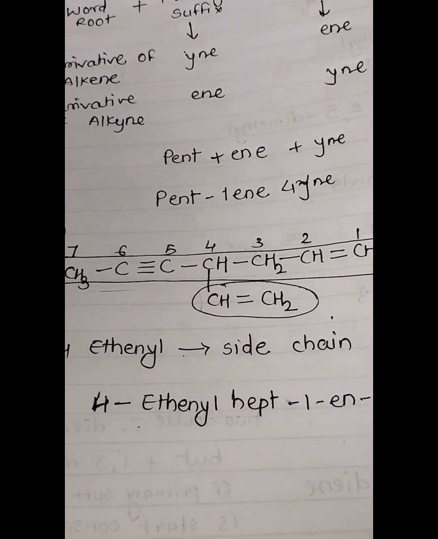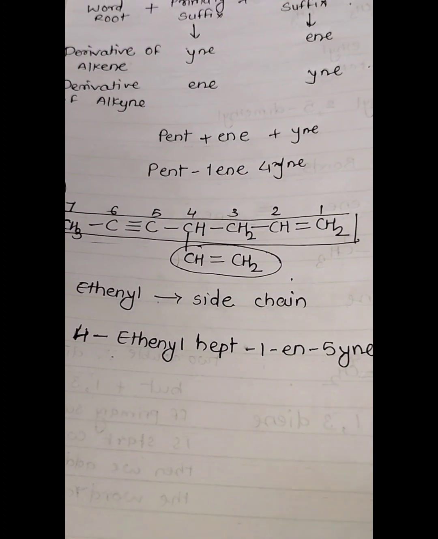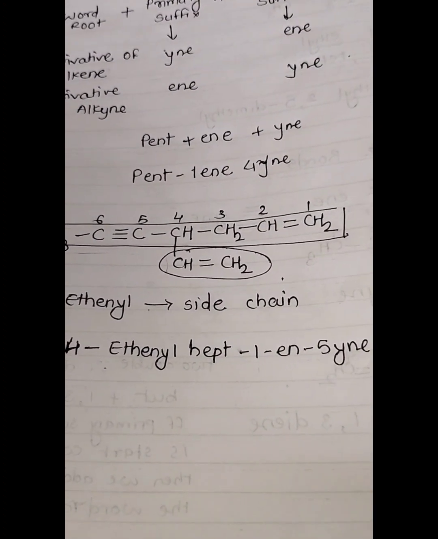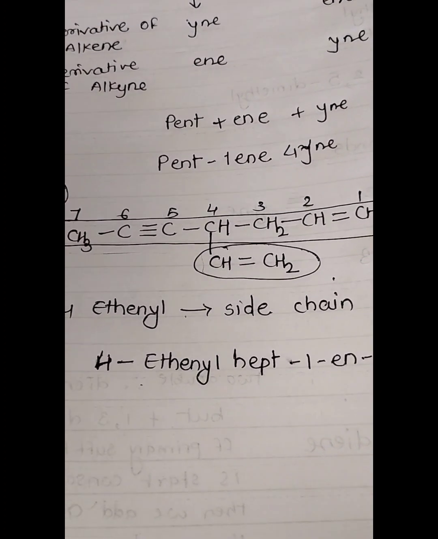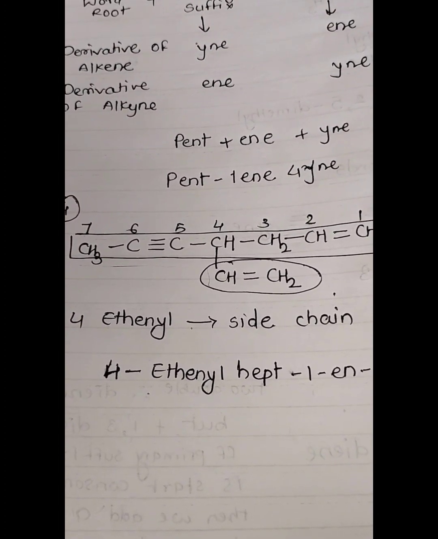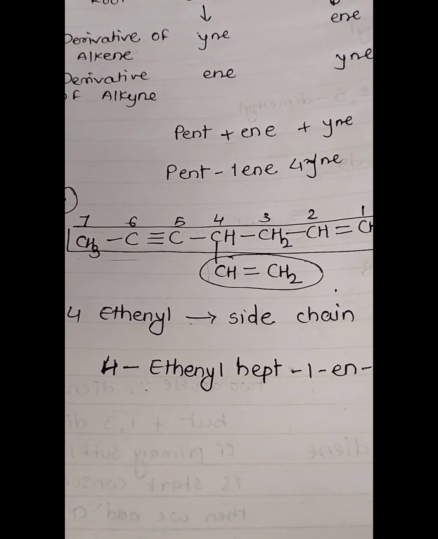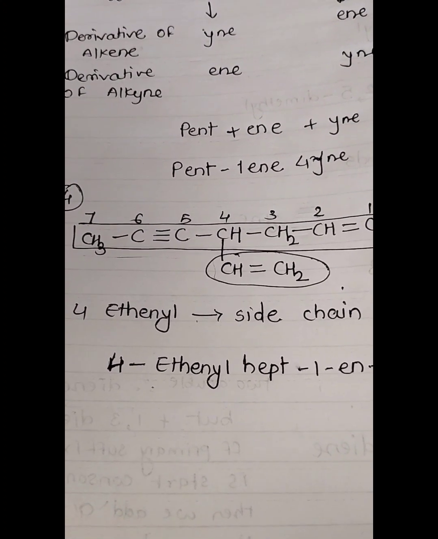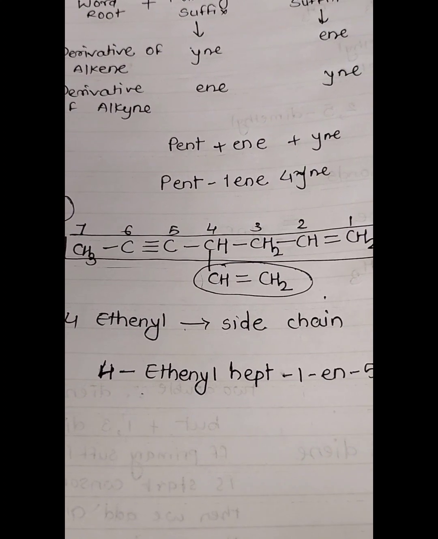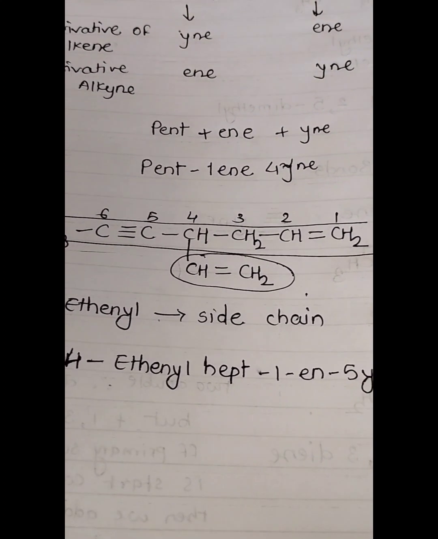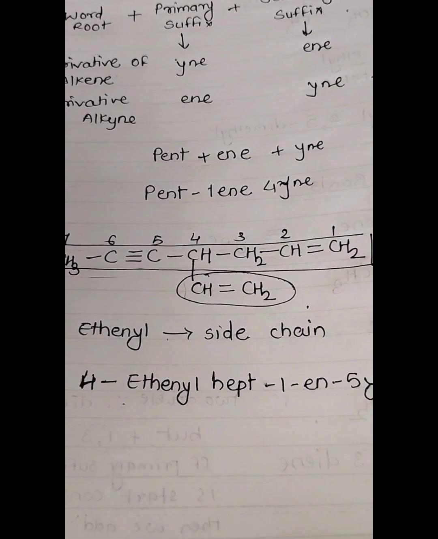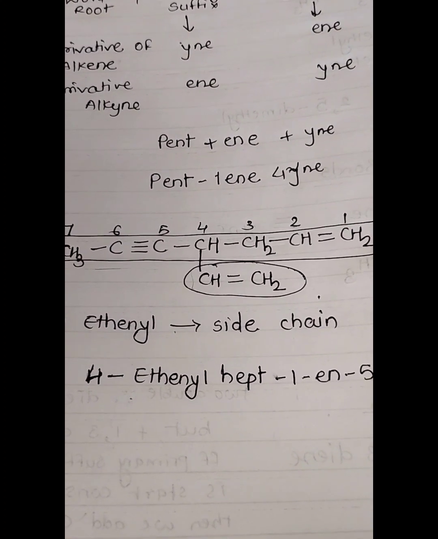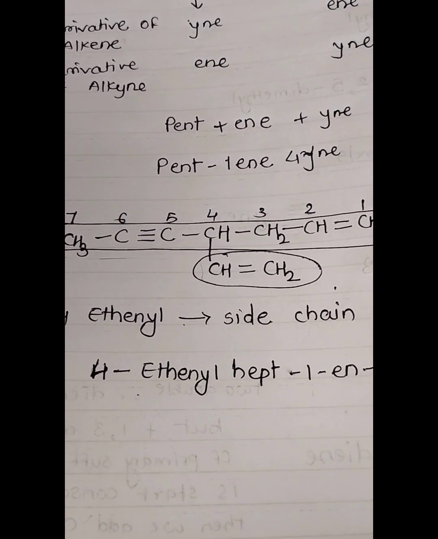Then the next example. Here also a carbon-carbon double bond and a triple bond are present in the main chain or parent chain, and a double bond is also present in the substituent. So first we name the side chain. The numbering of the compound from the right side is correct, so 1 2 3 4 5 6 7, there are 7 carbons, and at the fourth carbon there is a side chain.